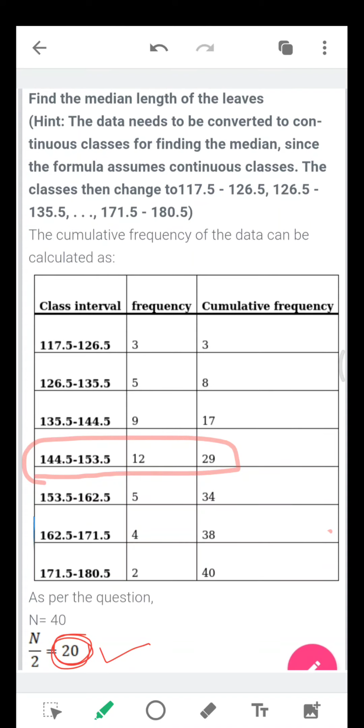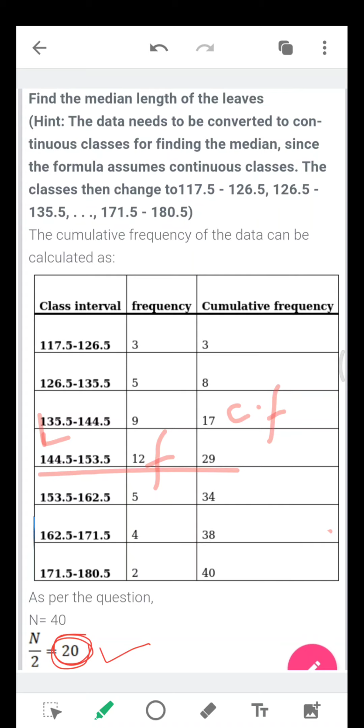Got it, everyone? So in this median class, what will be L? L will be the lower limit, that is 144.5, and this will be your f, the frequency of the median class, and this will be your Cf, the cumulative frequency of the class preceding the median class, just before the median class. And what is our h value?